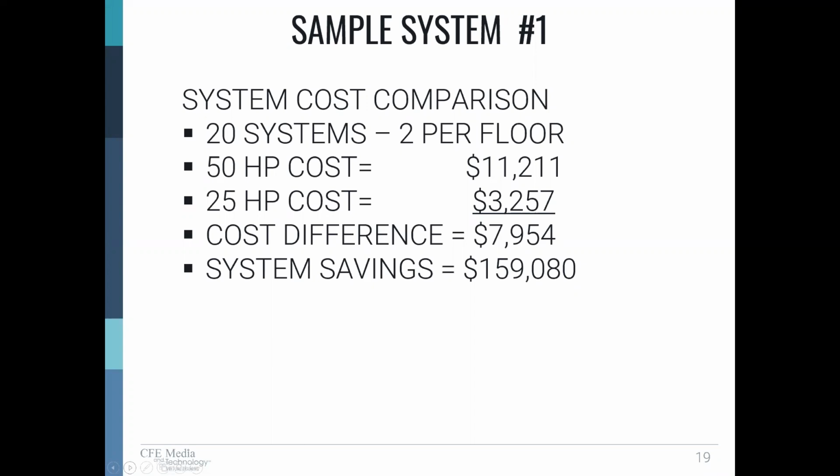The cost differential between the two is $7,954. Multiply that by 20 systems and you get $159,080. This is a significant number for savings on the 2 mechanical systems.